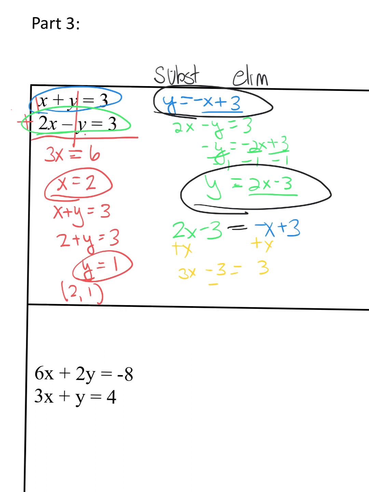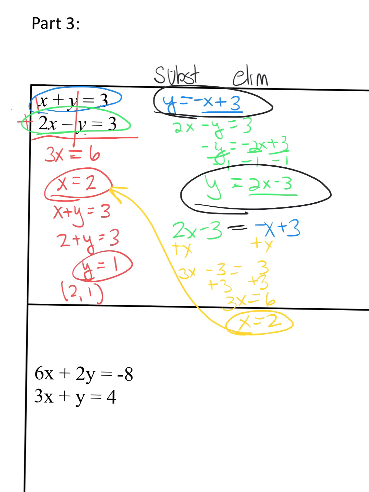And then I see subtract 3, so I'm going to add 3. I'll end up with 3x equals 6, and x will equal 2, which is exactly what we found when we did elimination.